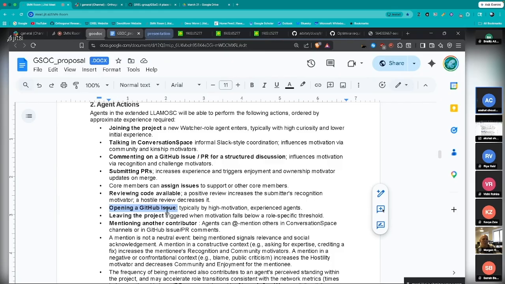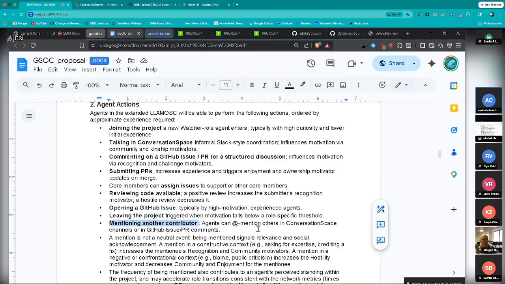Right now, everything starts at the beginning, and the contributors don't open the issue. It is basically opened by the system. So I'd like to implement the capability for an agent to open the issue as well. Leaving the project, I'll talk about the leaving and joining part later, and mentioning another contributor.